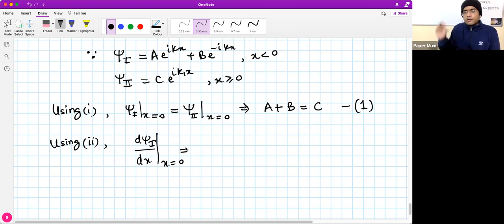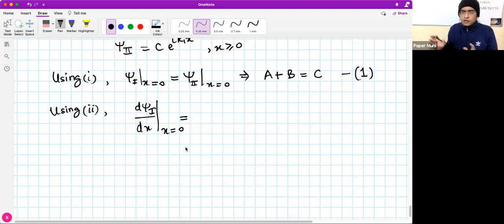We won't derive every time using the Schrodinger equation or the probability current density the way we have derived here. And for quantum tunneling also we'll do the same thing. We'll just directly write down, because we understand what happens in each of the parts of the potential.